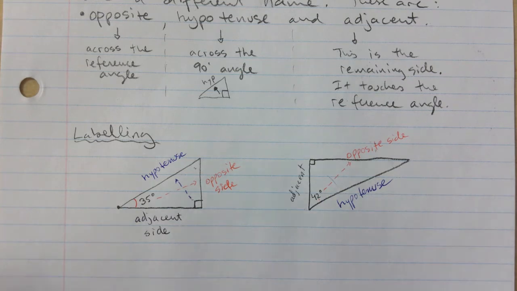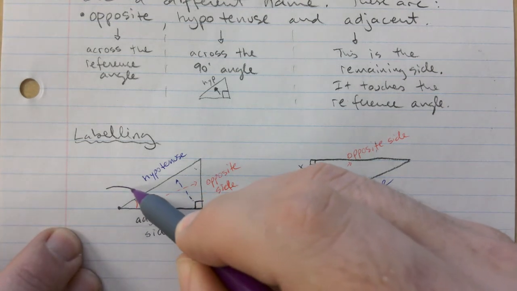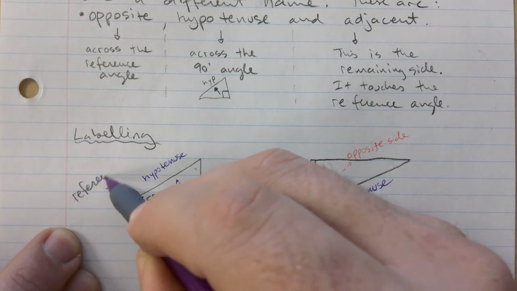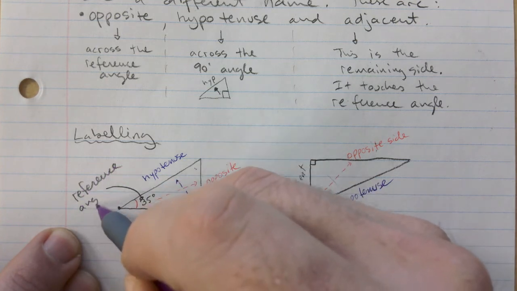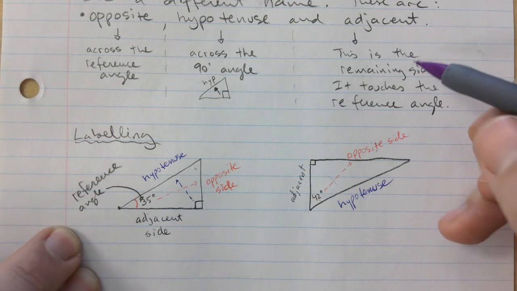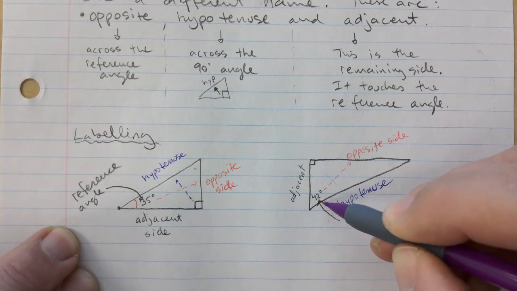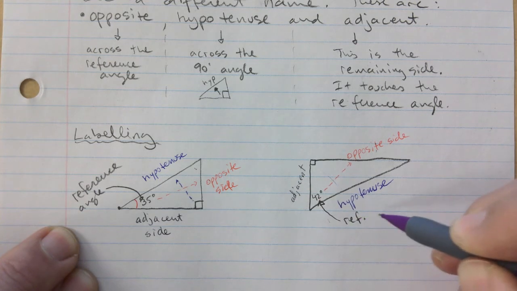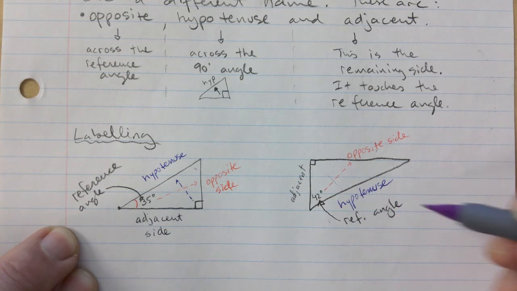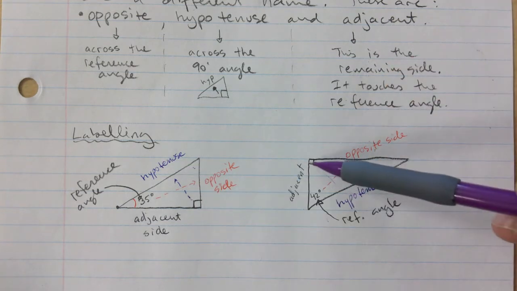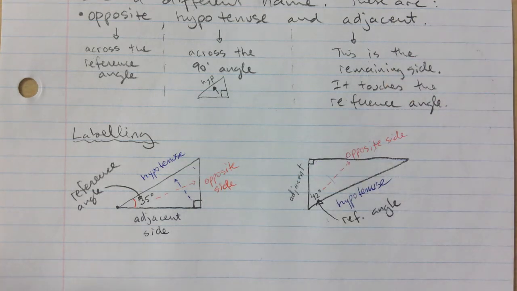I'll make an arrow going to that angle. That's the reference angle, where you're looking out from. So where the angle is located determines where the opposite and adjacent are. The hypotenuse never changes because the 90 degrees stays where it is. Okay?